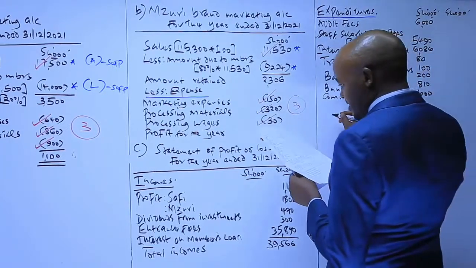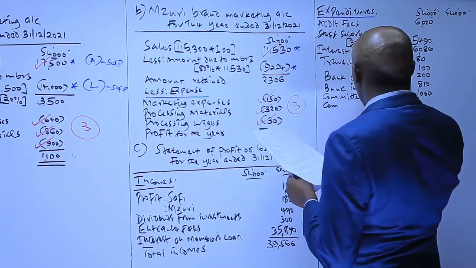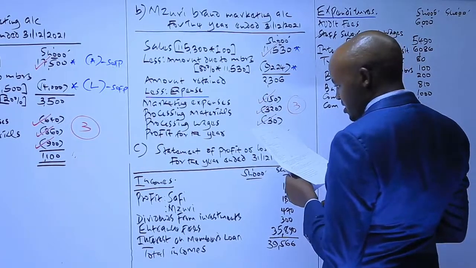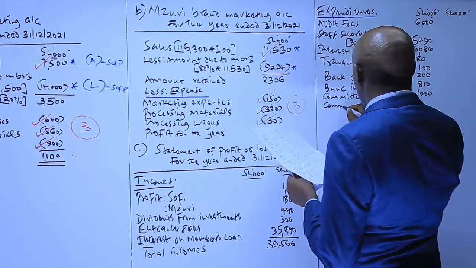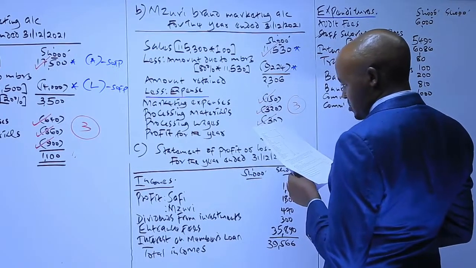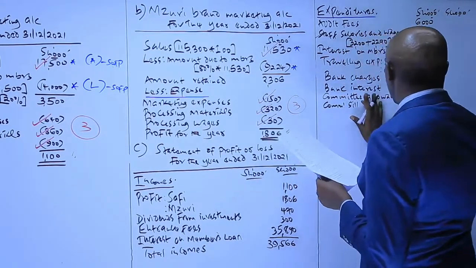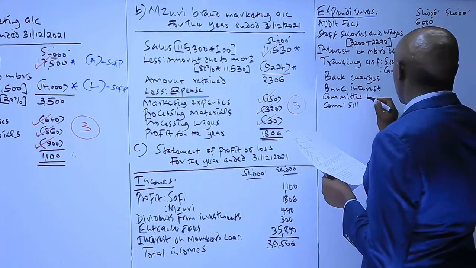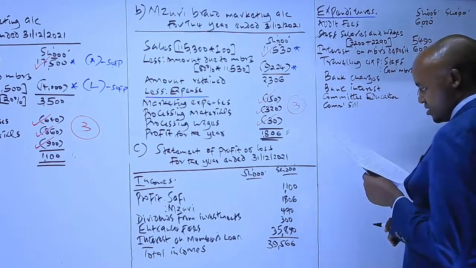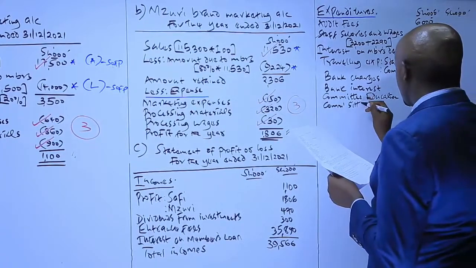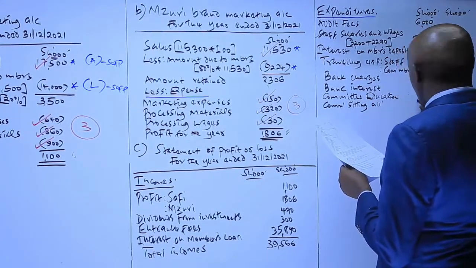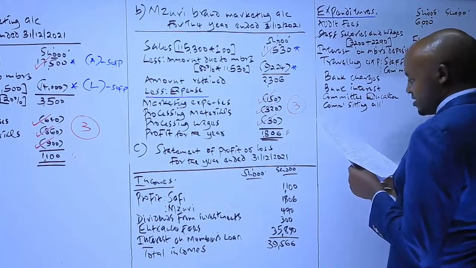Below that we have committee sitting allowances. Committee education, which is 1,000. Then we have committee sitting allowances, which is a figure of 1110.